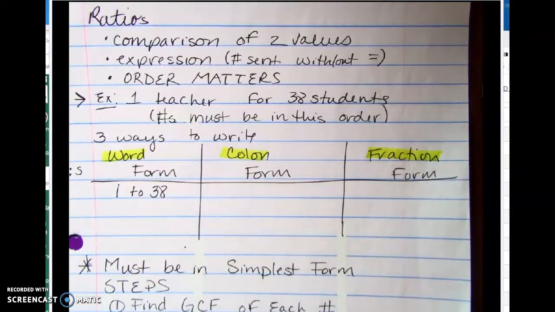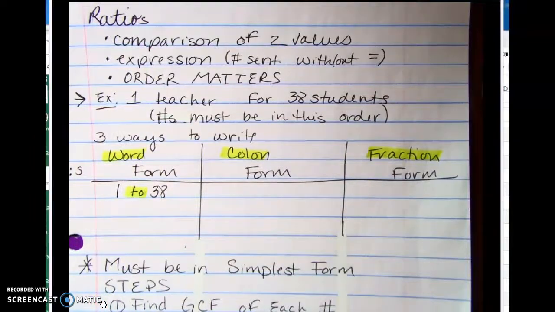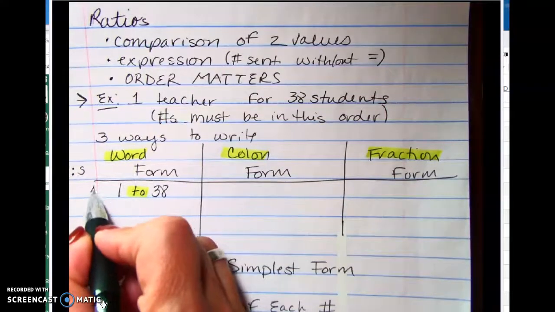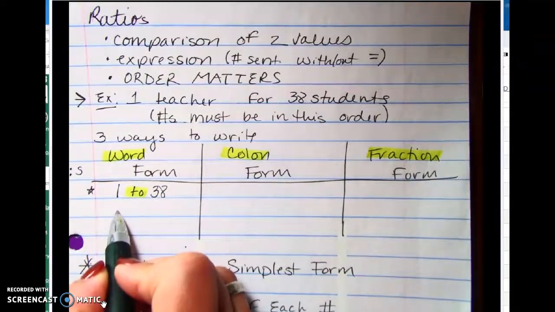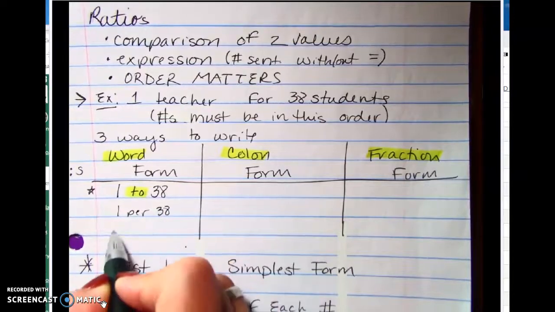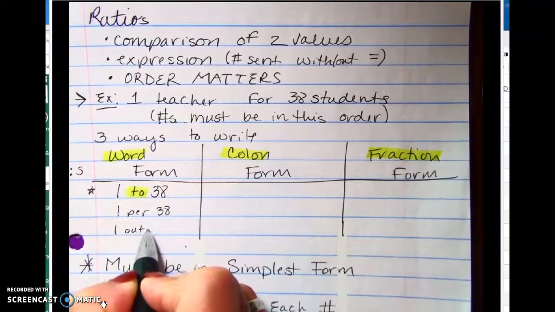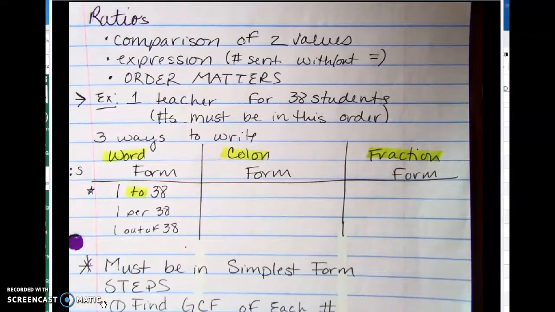Okay? So that's the word, to. This is going to be the most common way to see it in word form. However, you will also see possibly 1 per 38 or 1 out of 38, depending on the situation.